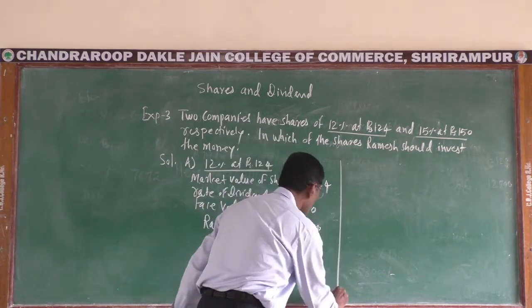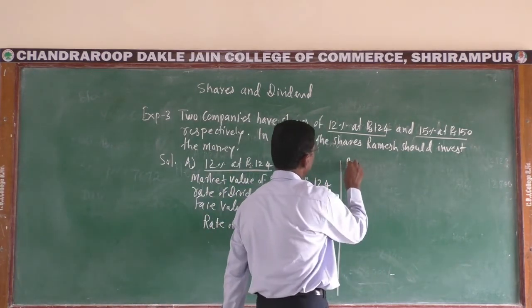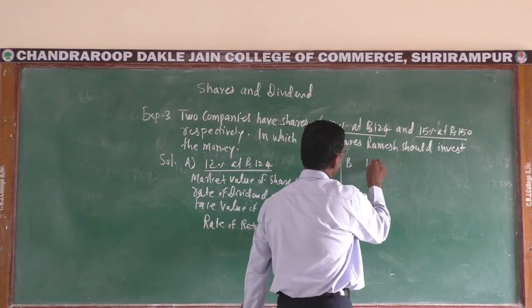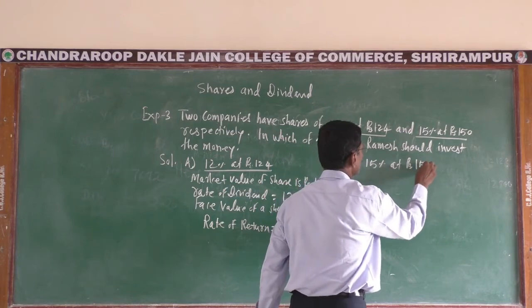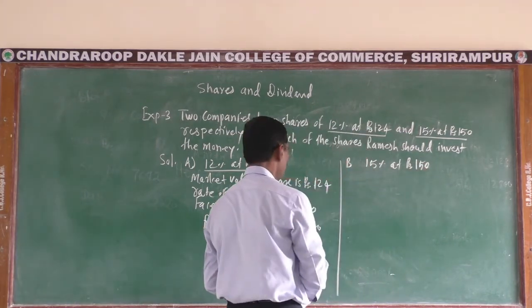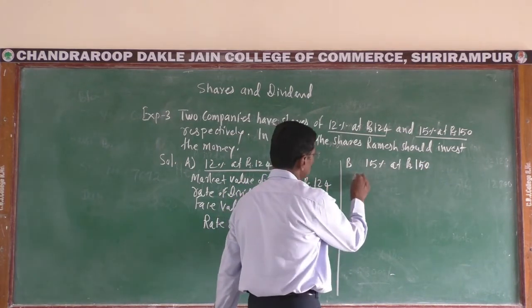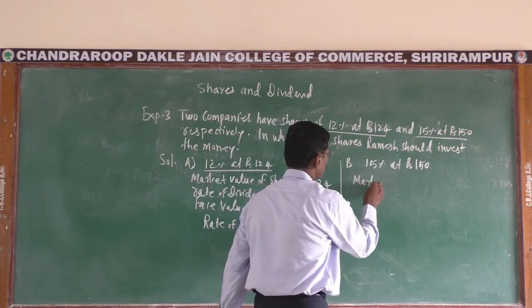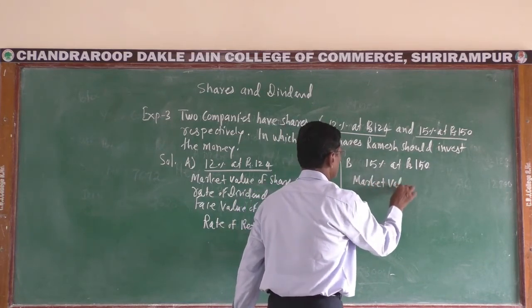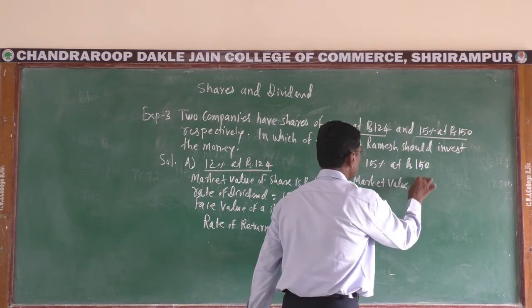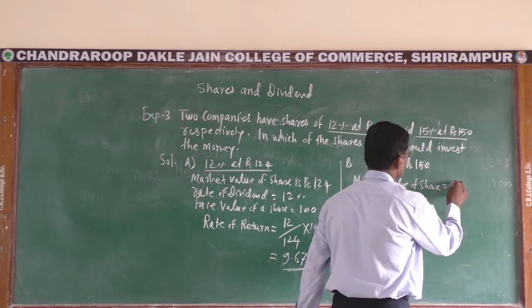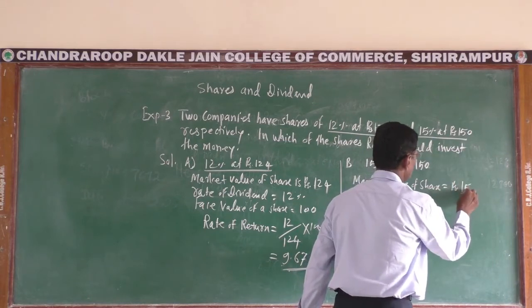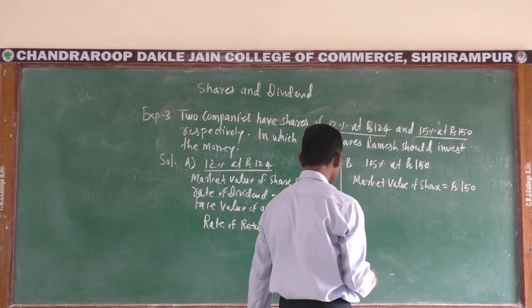In the second option, that is B, 15% at rupees 150. Here, the market value of share is equal to rupees 150.